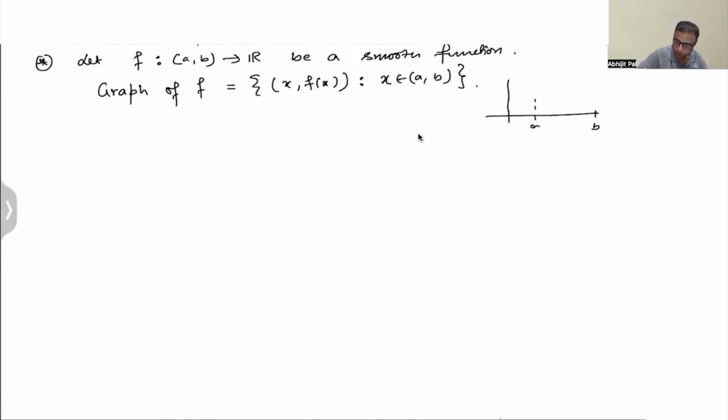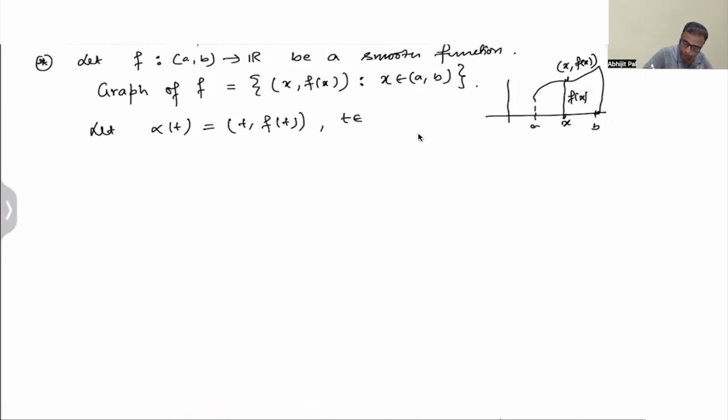So I can draw a diagram here. This is the graph of this f. Okay. So this graph I can parameterize as follows. Let alpha(t) be equal to (t, f(t)), where again t is varying in the interval [a, b]. Okay.